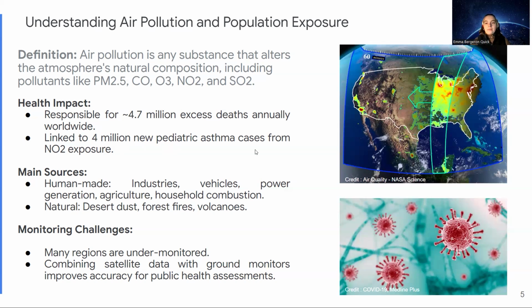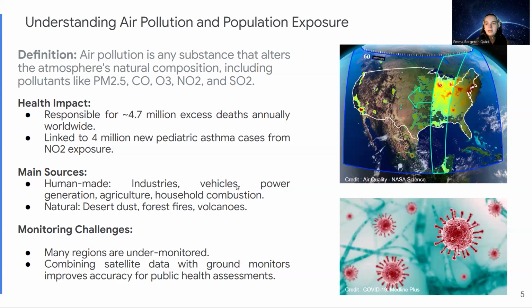And then you think, okay, what are these sources of air pollution? Which is also crucial because if you want to monitor and you want to minimize, then you need to know what the root is. And research shows that over 70% of the health burden from air pollution comes from human activities, which produce anthropogenic emissions. So you've got industries, vehicles, power generation, agriculture, household combustion.